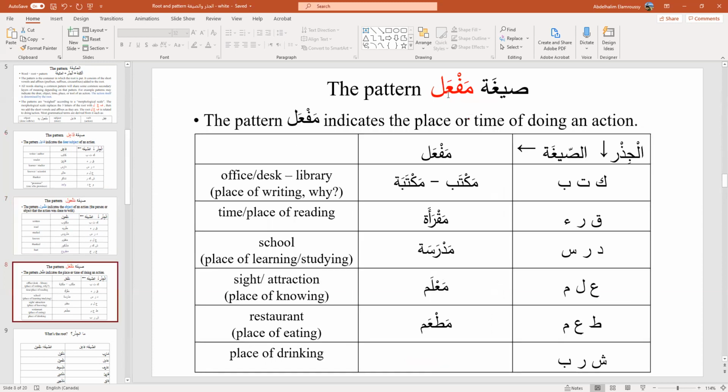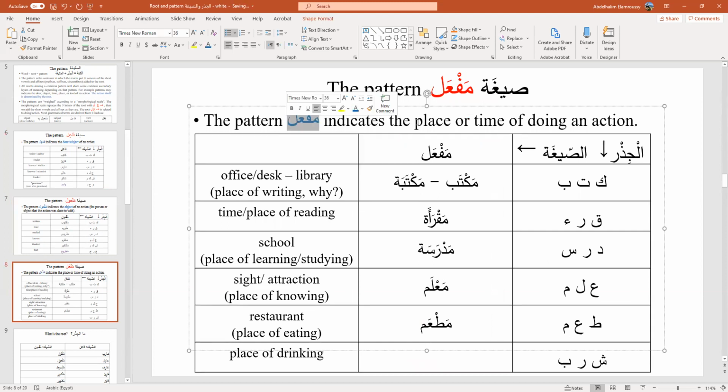The pattern maf'al indicates the place or time of the action.